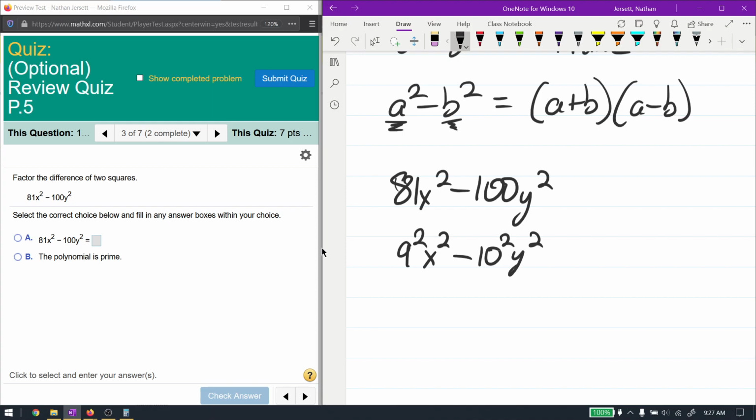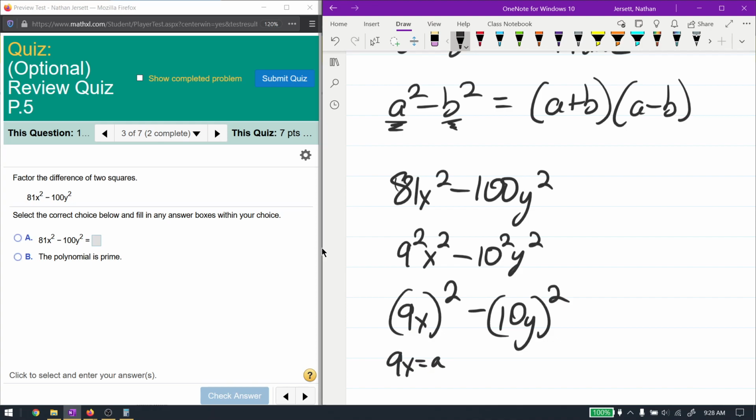And this I can rewrite as 9x squared. And I can rewrite this one as 10y squared, because the power can distribute into the powers of the inside thing. And now we see directly that 9x equals a and 10y equals b.